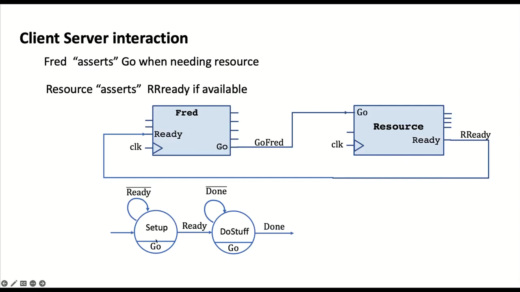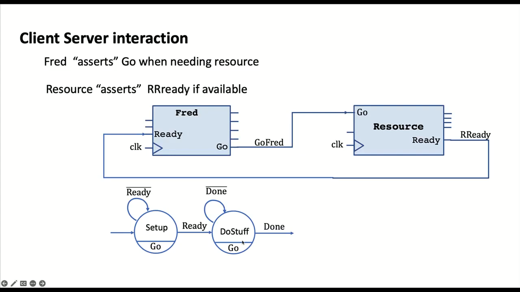And once it gets that ready signal, then it'll go to another state where it will do whatever it needs to do. If it were just to not wait for the ready, it's possible that all of the stuff that Fred would do would not work or would not be processed correctly. Whether or not Fred needs to keep the go high depends on the situation.